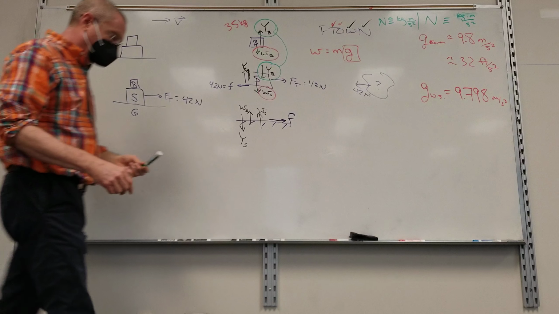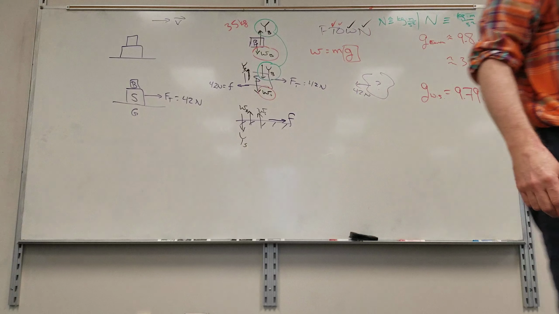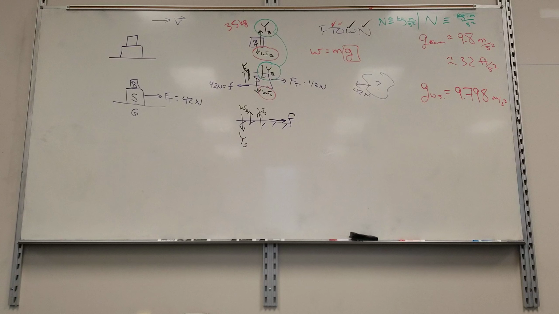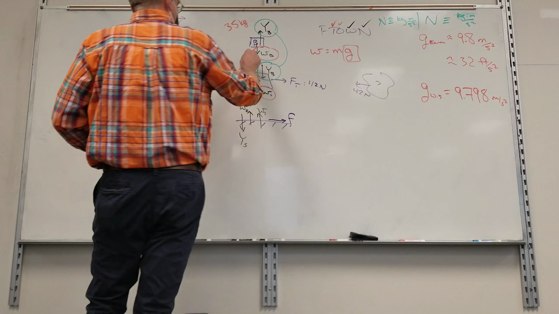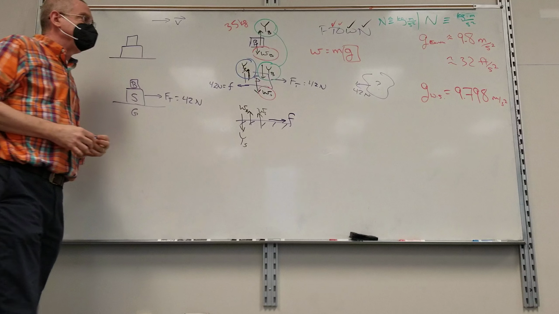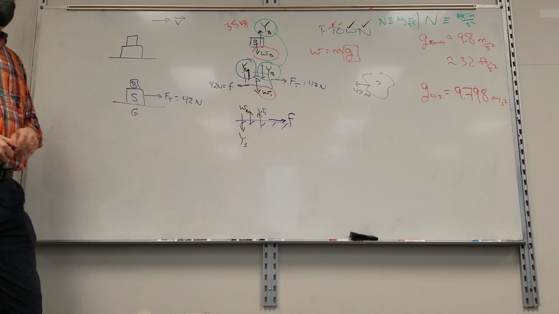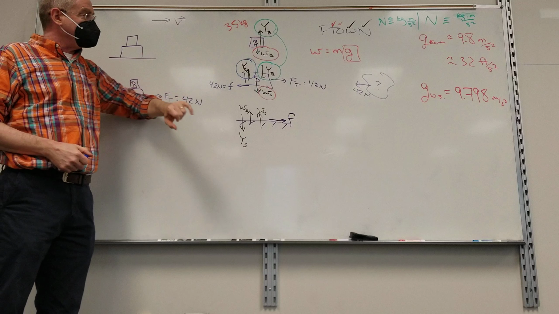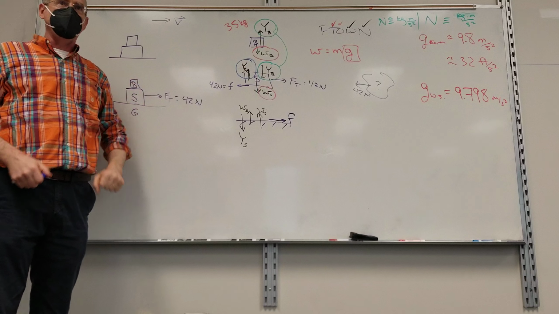So the next one is asking for the magnitude of normal force acting on the sled from the ground. On the sled from the ground, so I'm asking for this right here. Unlike with the boy, where I had two forces acting on it, now with the sled, I've got three forces.